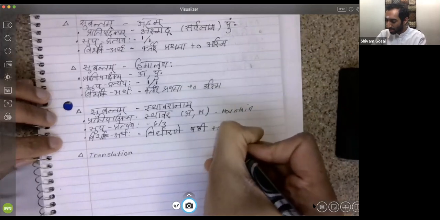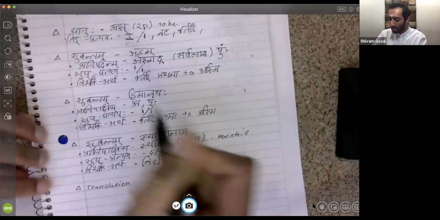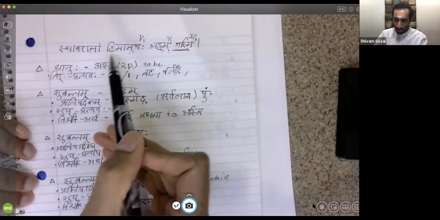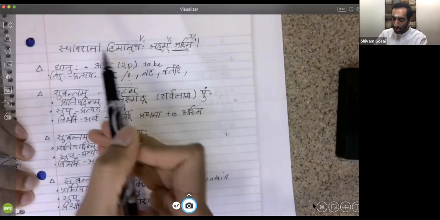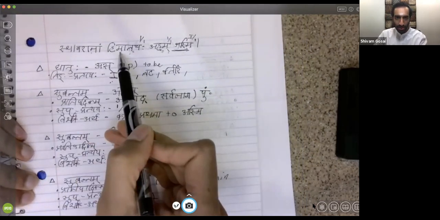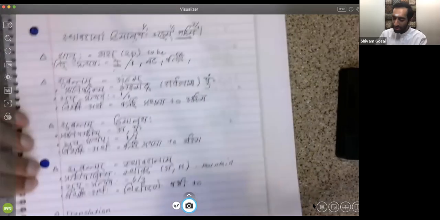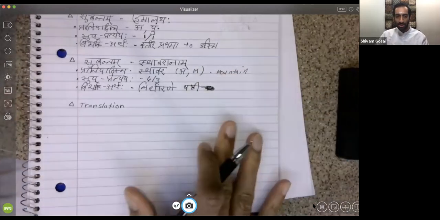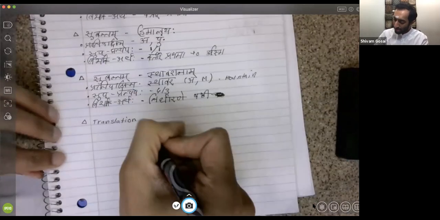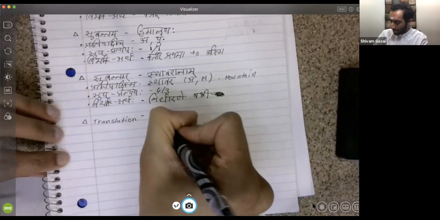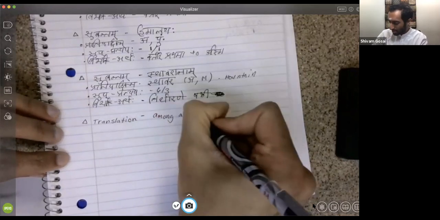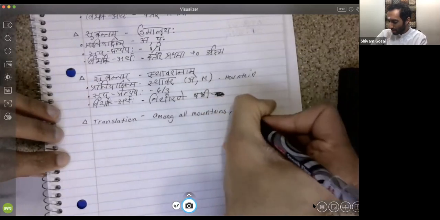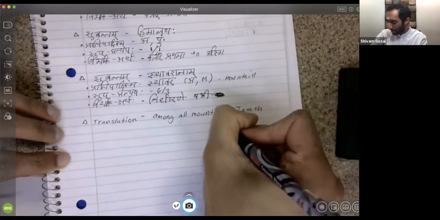Since it's nirdharana, we can also say it's nirdharana to Himalaya if we want to, since among all mountains is connected with the Himalaya. But I don't want to complicate things, so let's just keep it nirdharane Shashti. Translation: Among all mountains, I am the Himalaya.